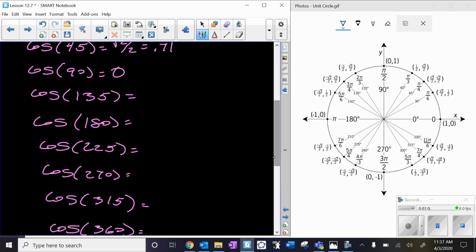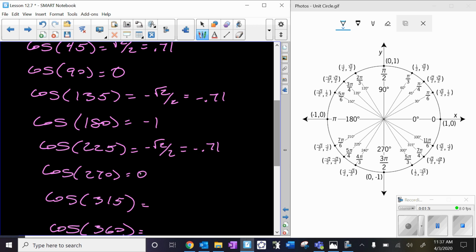And then you can start to apply the same things over and over. We have our x value over here for 135 as negative square root of 2 over 2, which is negative 0.71. Cosine of 180, that's going to be negative 1. 225 is going to then be negative square root of 2 over 2, which is negative 0.71. 270, we are at 0.